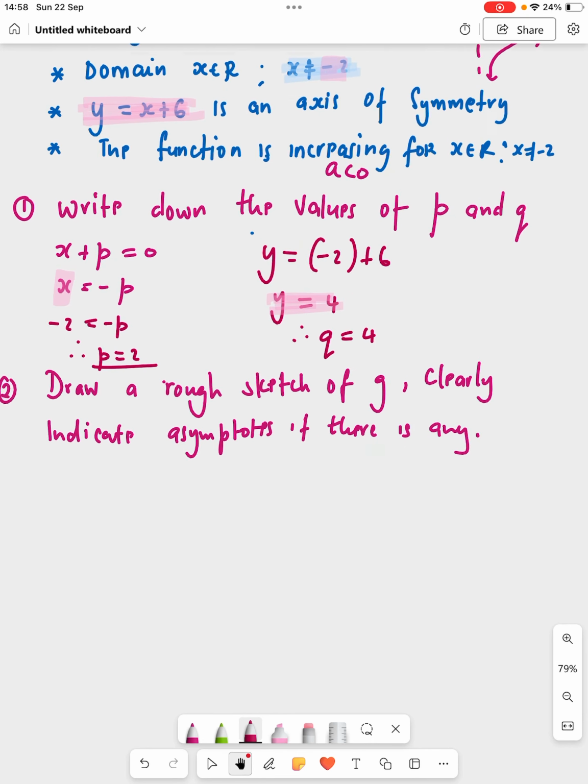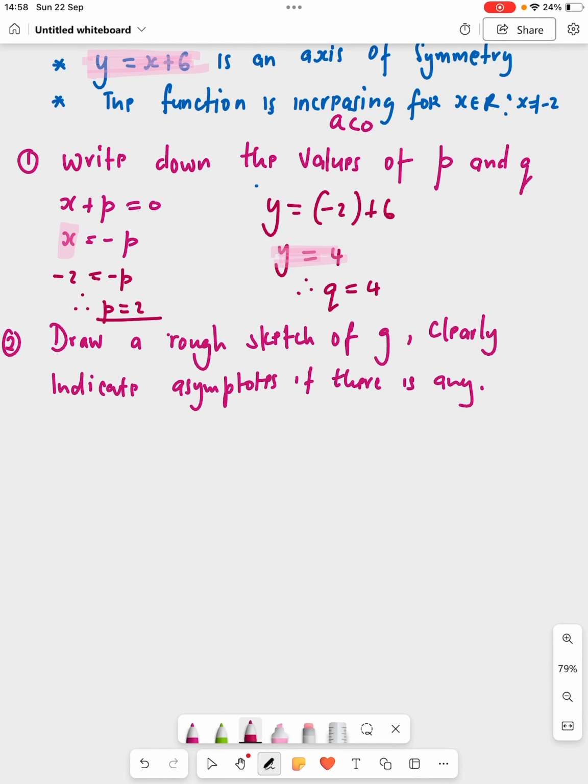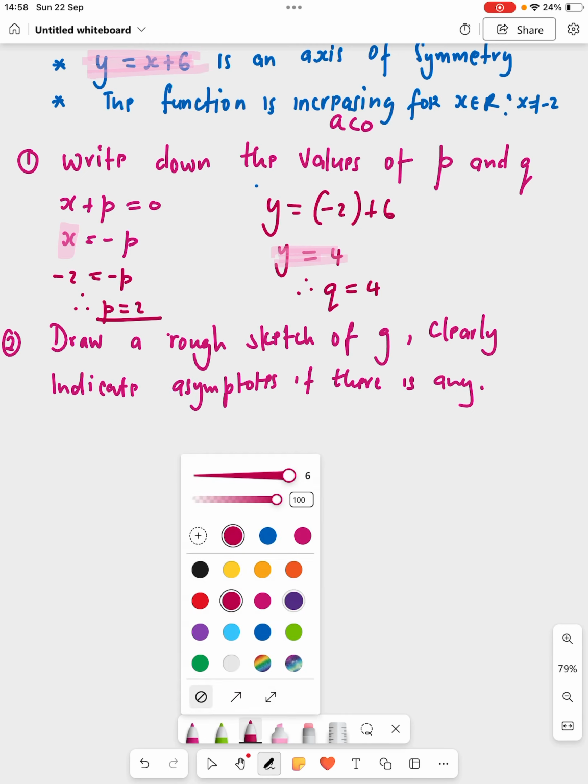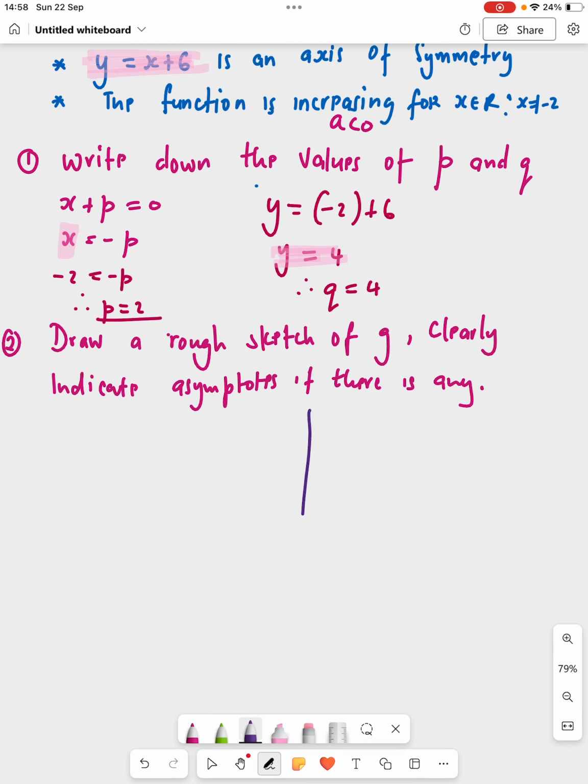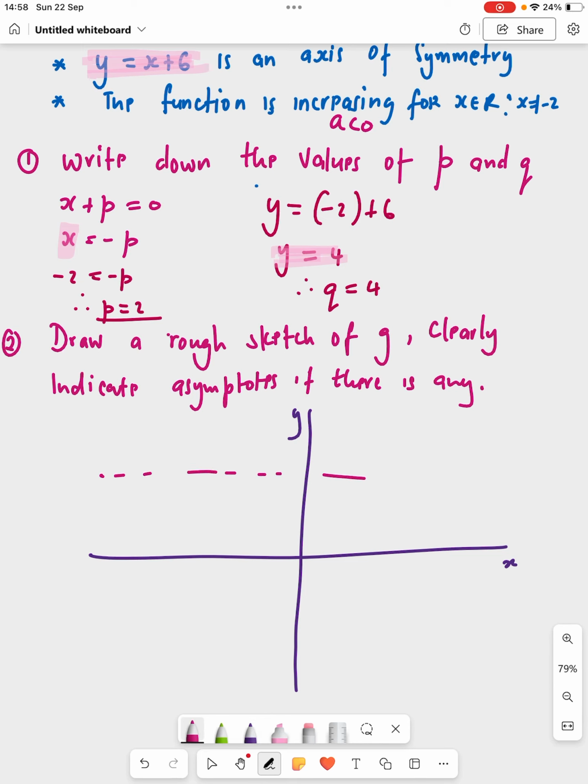Now, question number 2. Draw a rough sketch of g. Clearly indicate the asymptote if there is any. Now, to draw this graph here, we are drawing a rough sketch. We have x-axis, we also have y-axis. Now, we do have our horizontal asymptote. So, we have y is equal to 4.